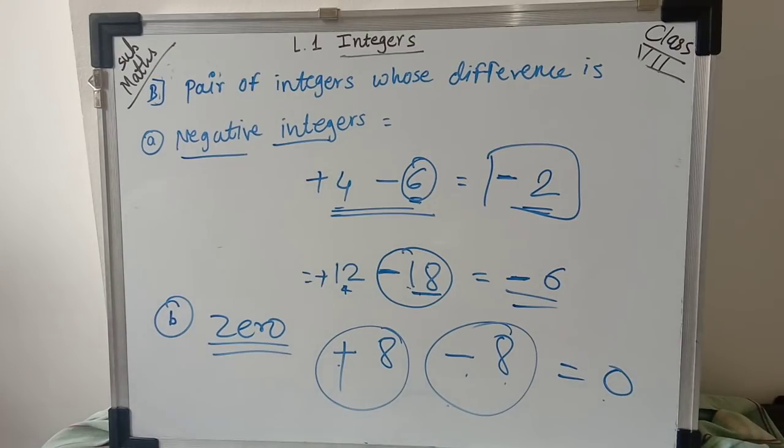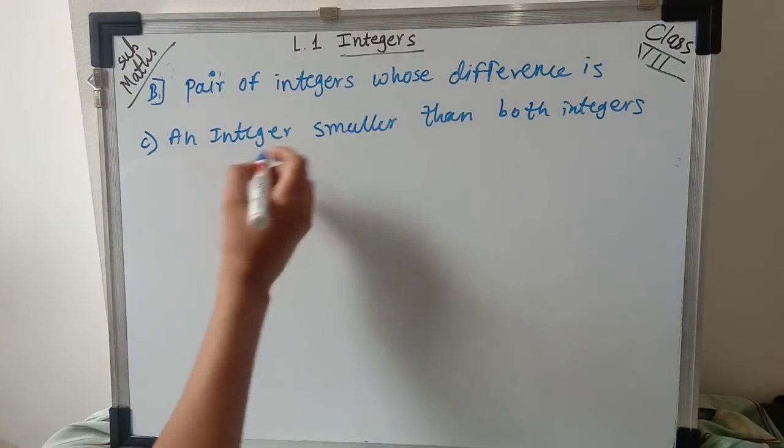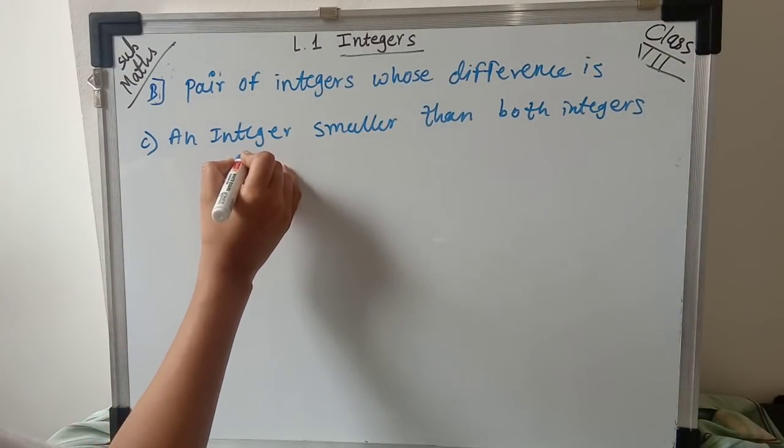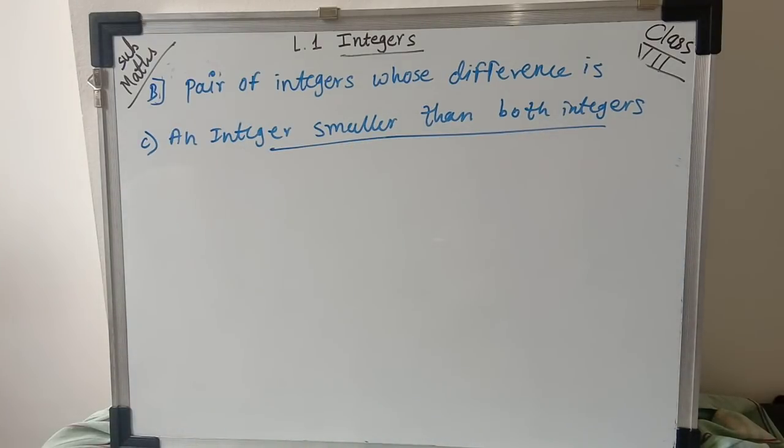Okay, now let's see the third pair. Students, now we have to find the pair of integers whose difference is smaller than both the integers.